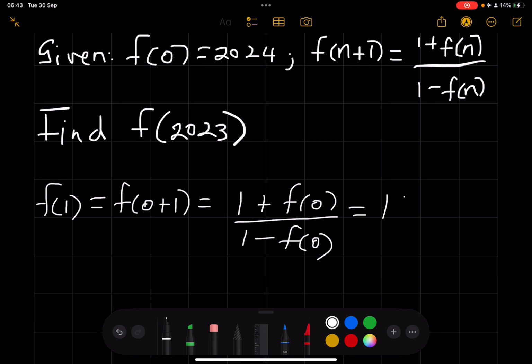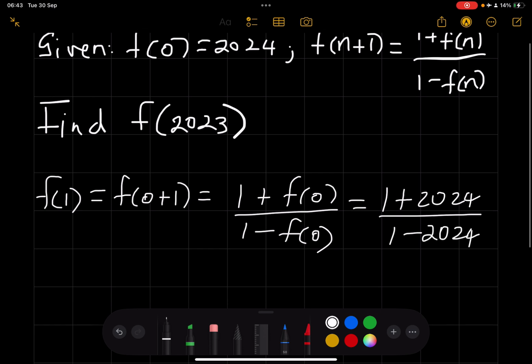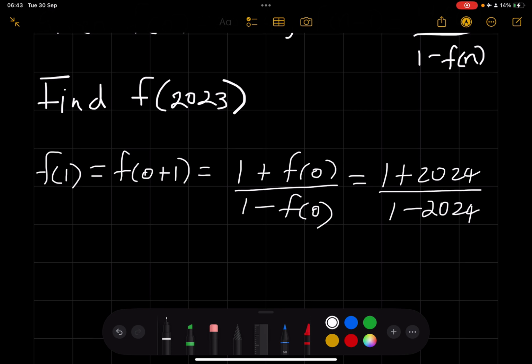We have (1 + 2024)/(1 - 2024). Pressing that on your calculator will give you negative 2025 over 2023. That was for f(1).